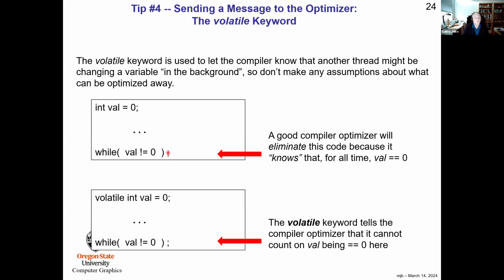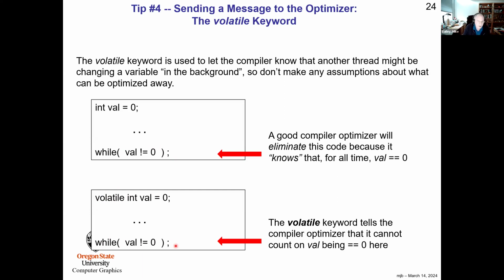And along come threads, which can change values of global variables in the background. So what you do is instead of just int val, you say volatile, and that tells the compiler do not do any optimizations of this one statement. Okay, assume nothing. And in many instances, that's important.